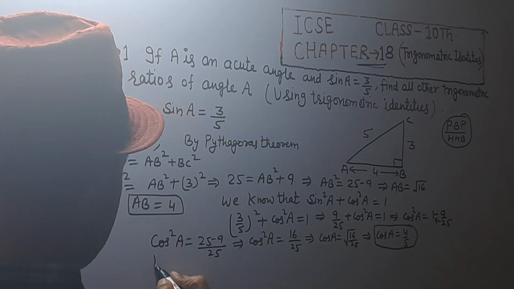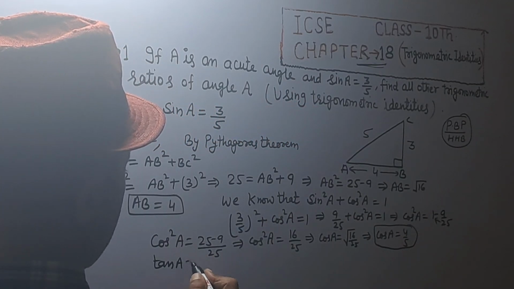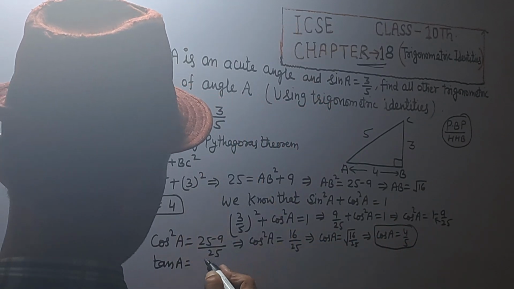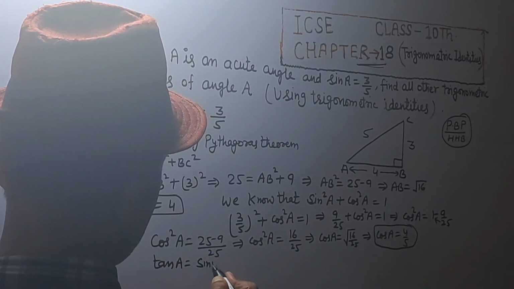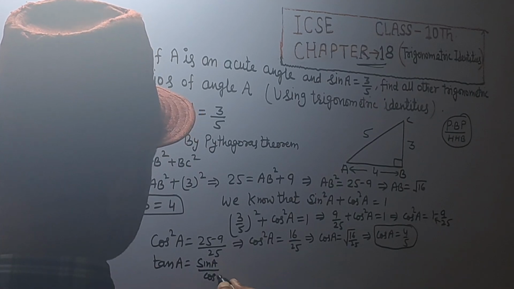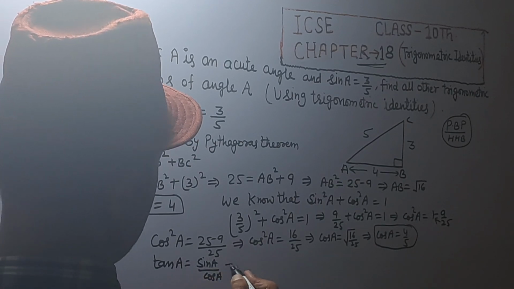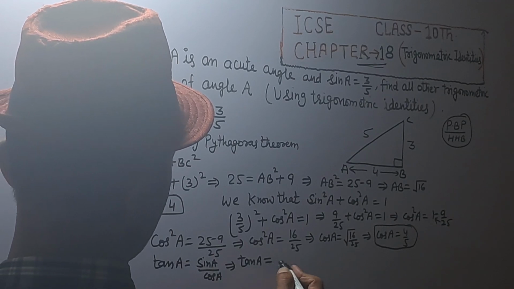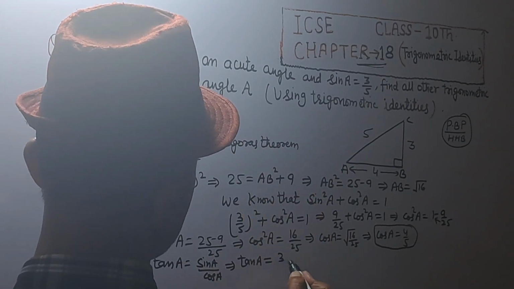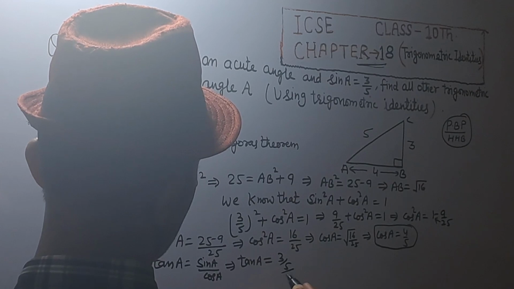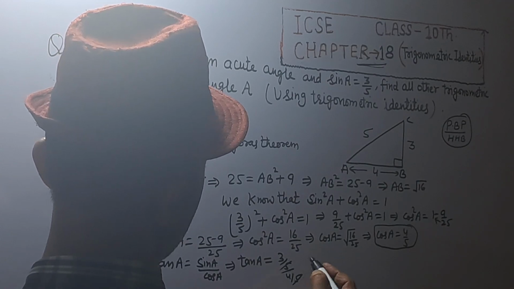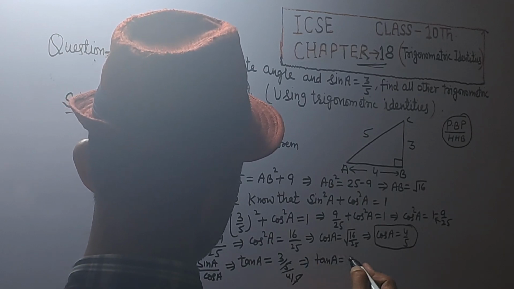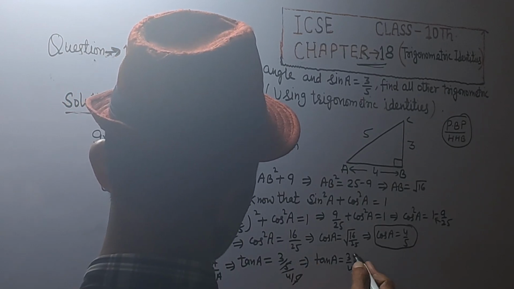Tan A is equal to sin A upon cos A, which implies tan A is equal to 3 upon 5 divided by 4 upon 5. 5 is cancelled and tan A is equal to 3 upon 4.